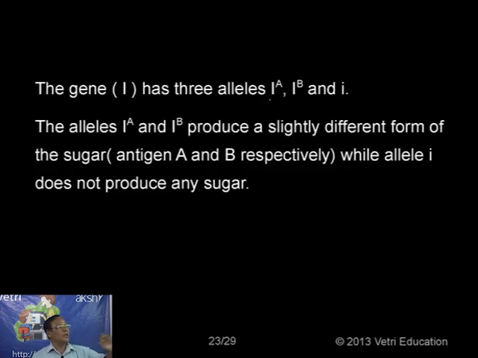People with A antigen are A blood group, and likewise B. If both A and B antigens are present in an individual, then that blood group is called AB. The AB blood group is represented because of the presence of two genes, A and B, in the same individual, because of codominance.